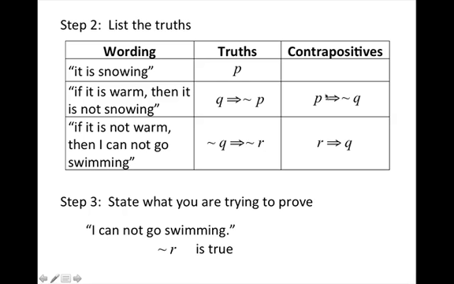Well, if I know that's true, and since I know P is true, I can use the law of detachment to prove that the conclusion, the not R, is true. So I'm going to use the P, this contrapositive, and this implication with the law of syllogism.